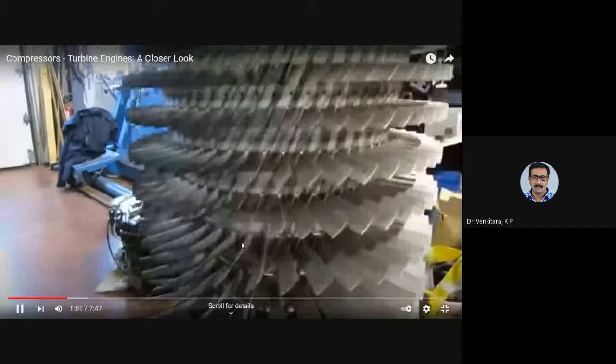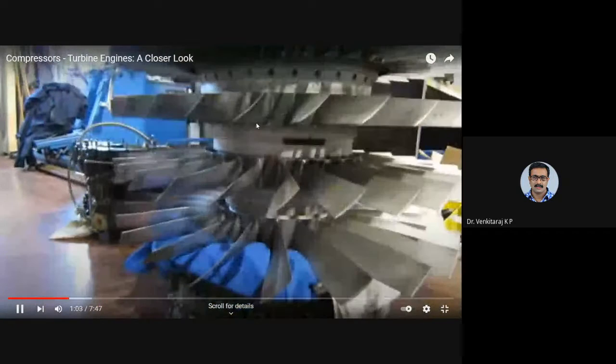You can see a number of rotor blades are connected in series.